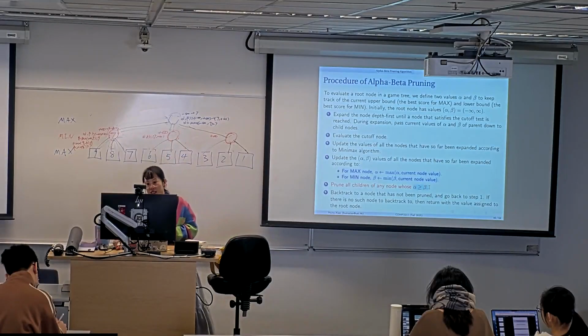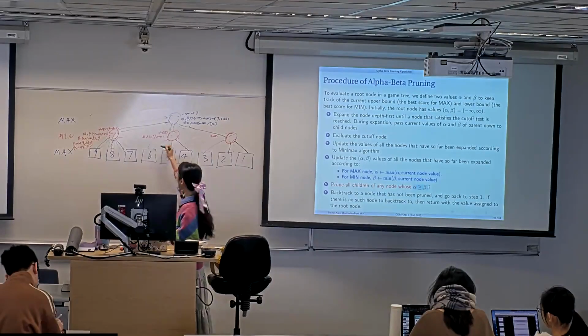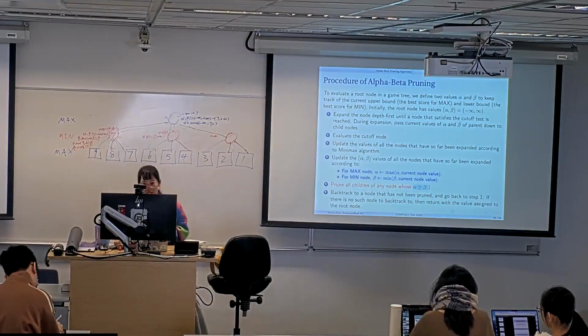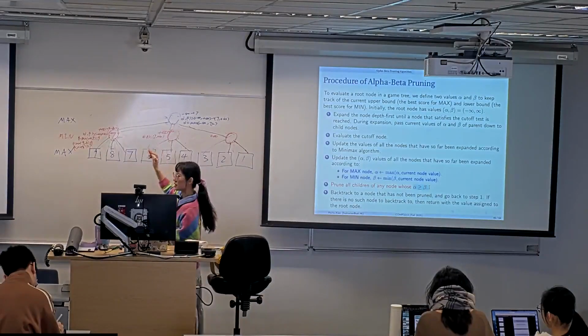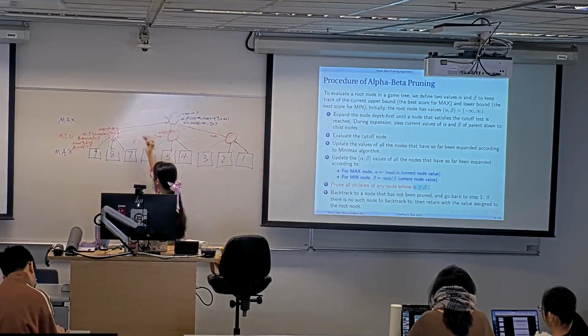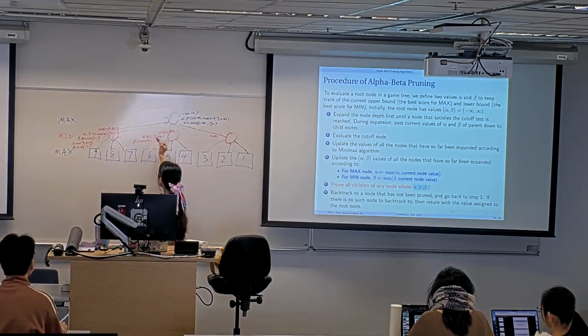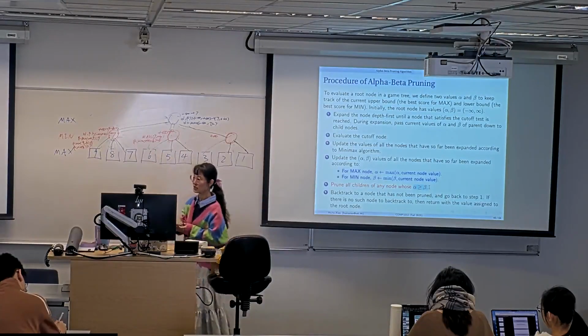And then we continue. Depth first search goes to this leaf node and backtracks to the parent. It receives the node value 6. So this node gets updated to the value 6. And in the meantime, the beta should also get updated. The beta is the minimum between positive infinity and the value 6, which is 6.